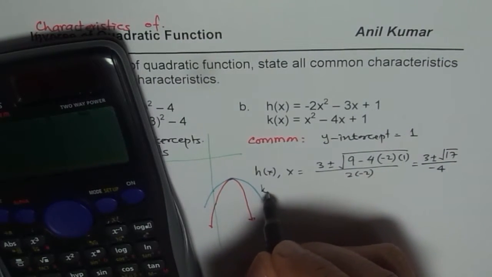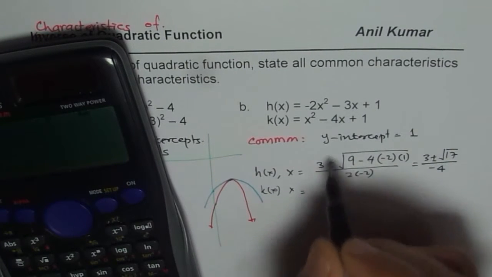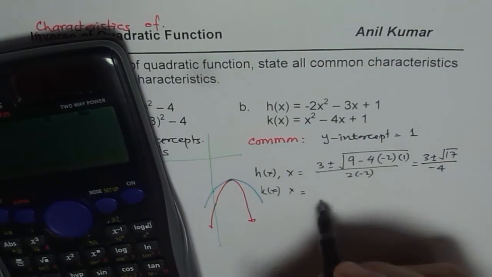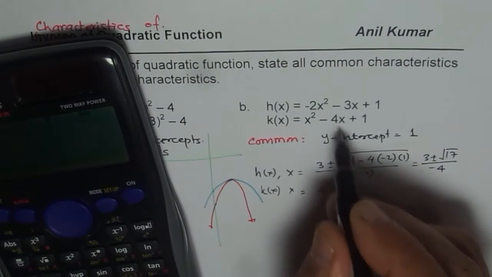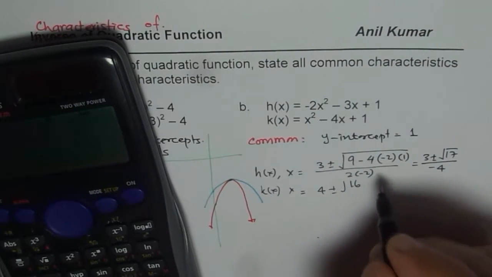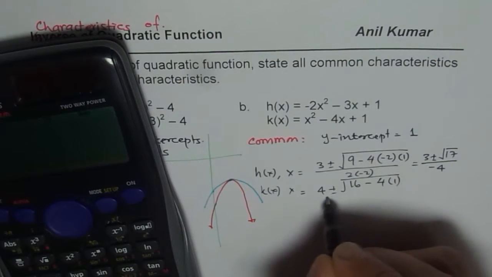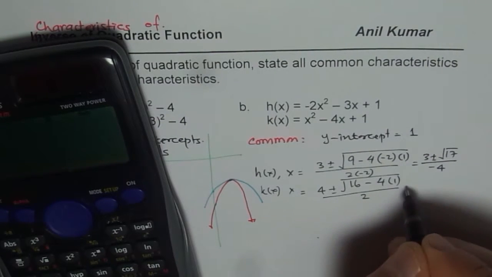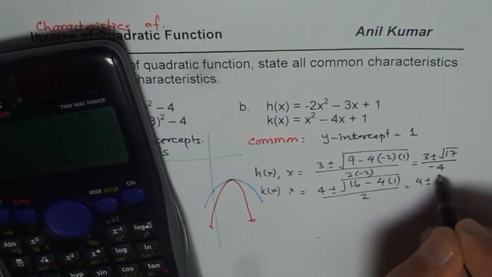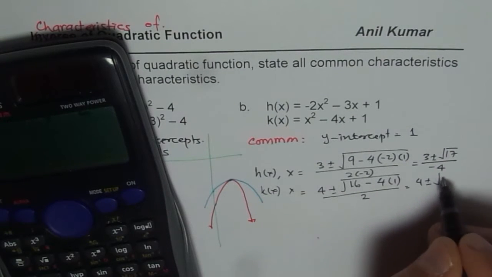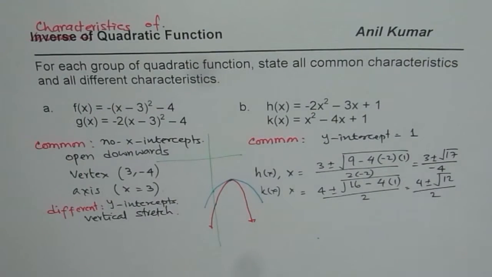For k of x, the two roots will be at minus b, which is 4, plus or minus the square root of b squared, which is 16, minus 4 times 1, divided by 2 times a, which is 2, so it is 4 plus or minus the square root of 12, divided by 2, right? So we find that the roots are totally different.